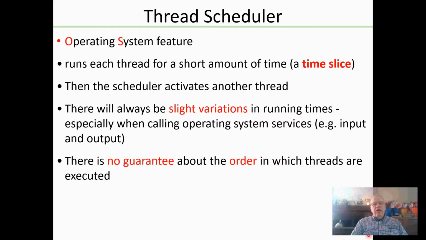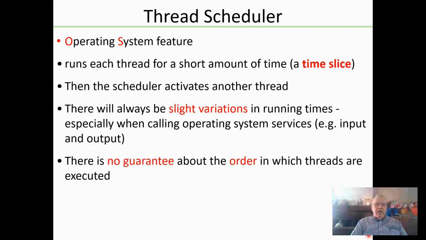So we do not know when a specific thread will be swapped in or swapped out, because that's an operating system feature. The operating system, which is underneath, beyond even the Java virtual machine, has a thread scheduler, and its job is to run each thread for a short amount of time, which is called a time slice.